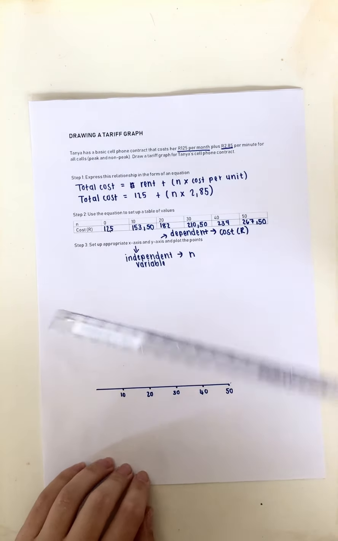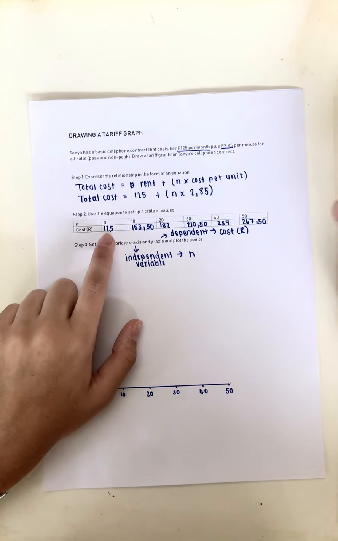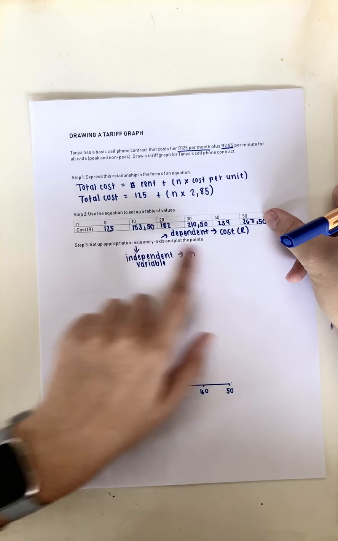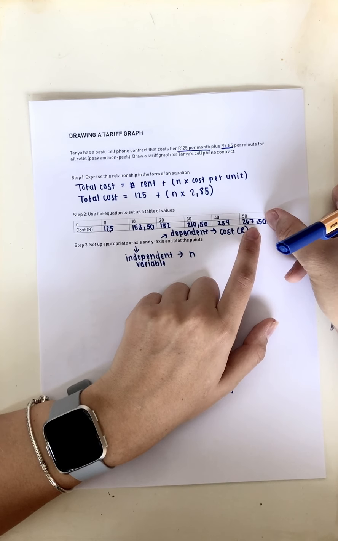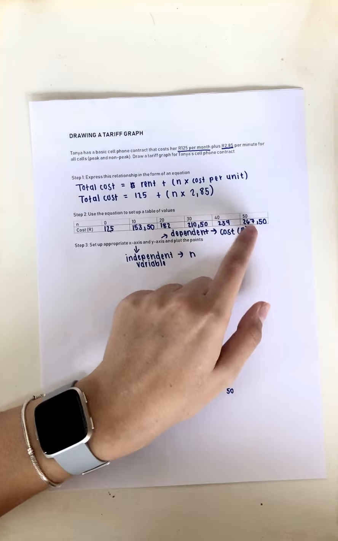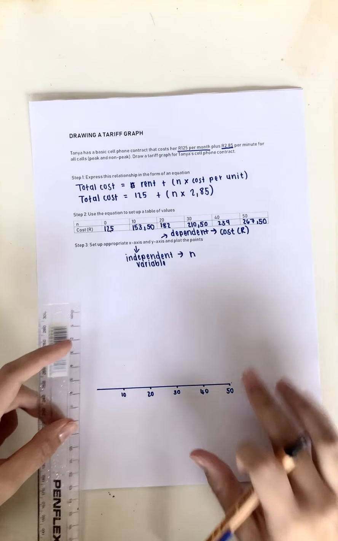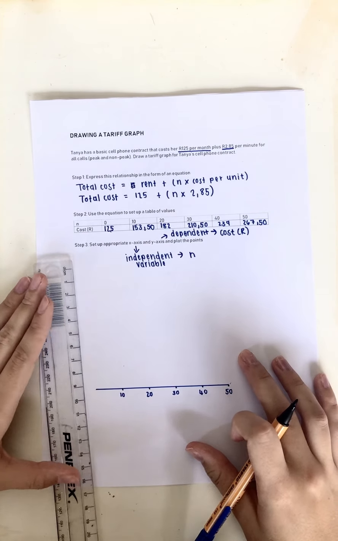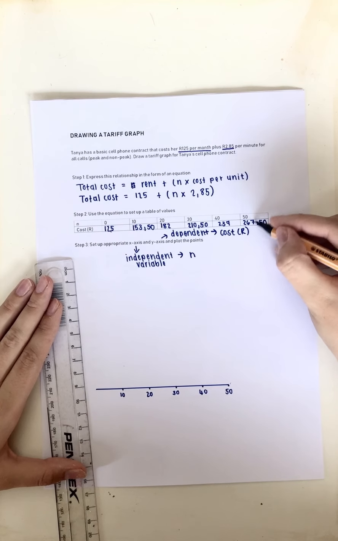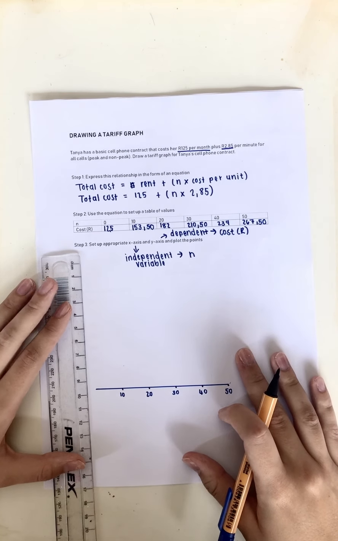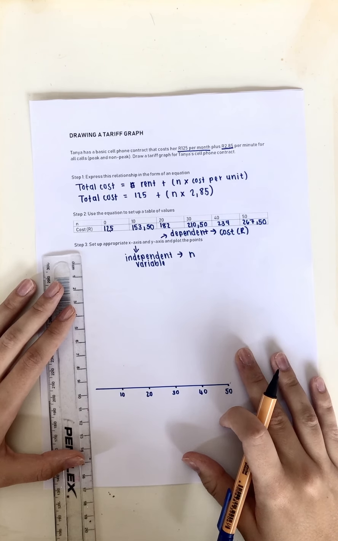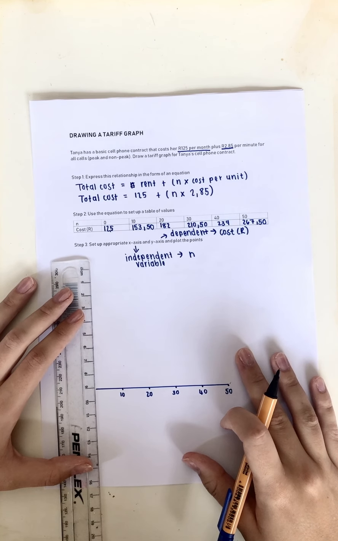Then I see I have to go up from 125 to 267. So let me go up in 50s on the y-axis up until about 300, then I can cover this one. Let me go in 1 centimeters.